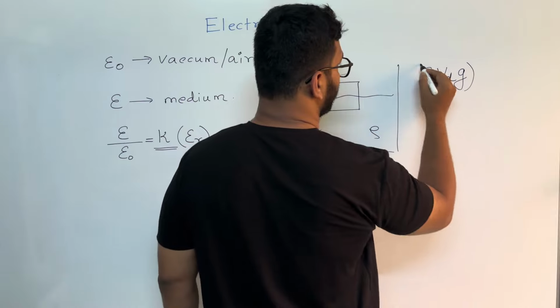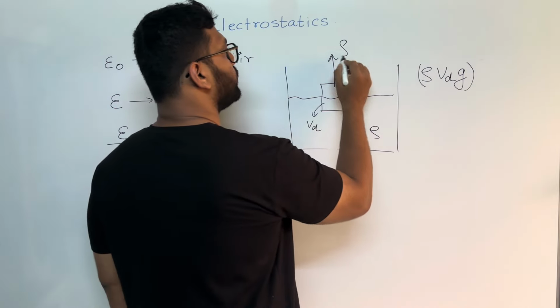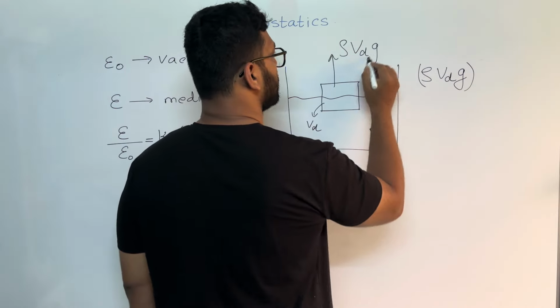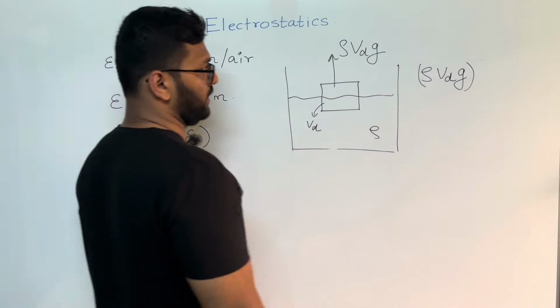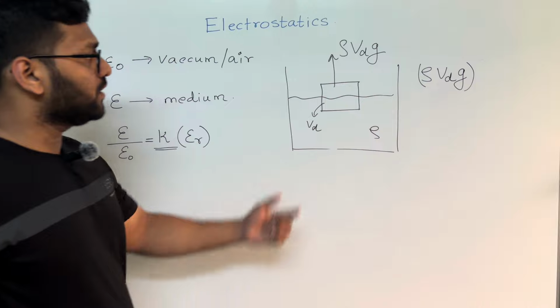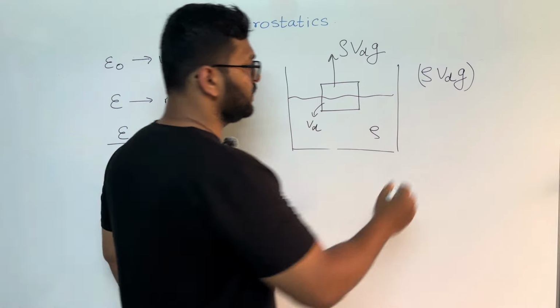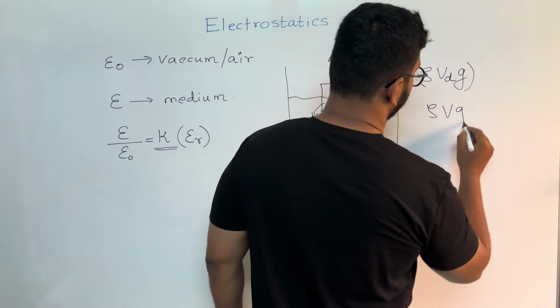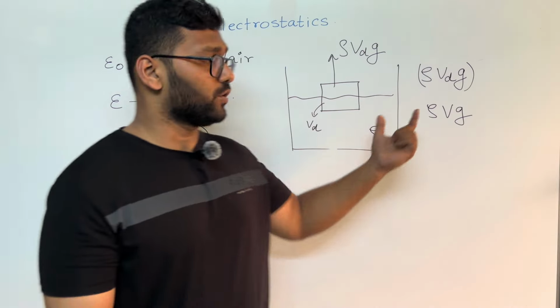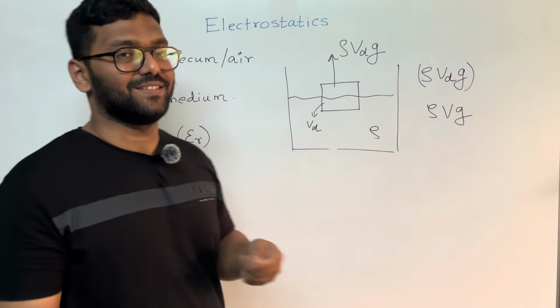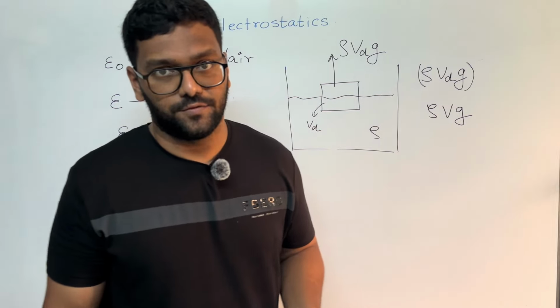This will give you the weight of the water displaced. So upward force is rho Vd g. So this thing you should know. If the body is totally submerged, this will become rho V g, where V is the total volume of that body, because now the volume displaced is nothing but the volume of that object itself.